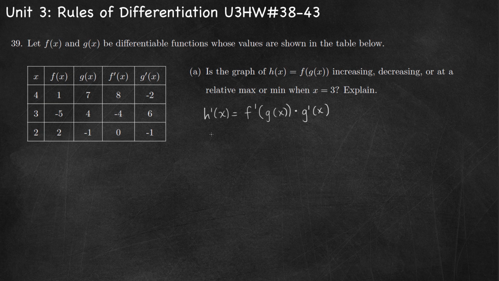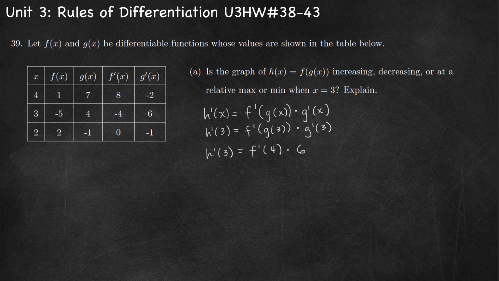And now we want to know what's happening with h prime of x when x is 3. So h prime of 3 equals f prime of g of 3 times g prime of 3. And we can go to the table to find those values. G of 3 equals 4. So I have f prime of 4 times g prime of 3, and g prime of 3 equals 6.